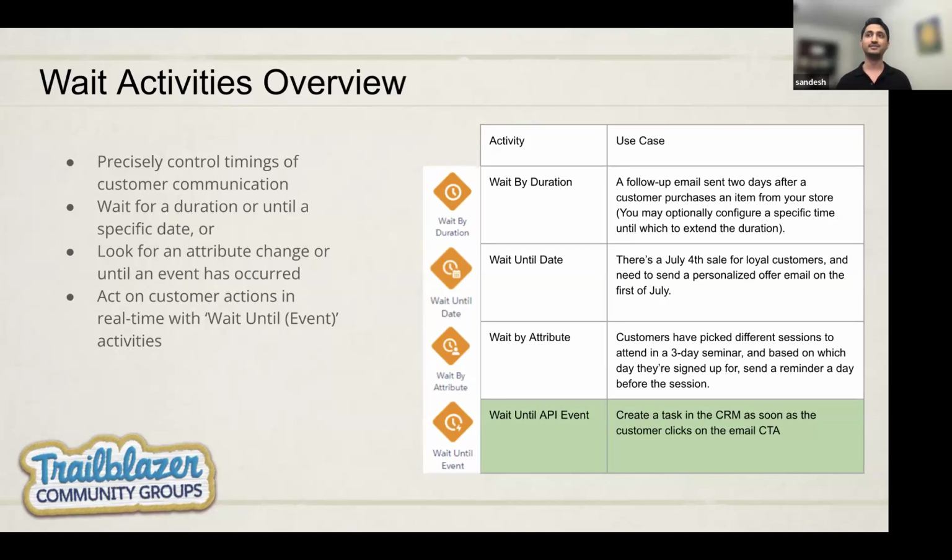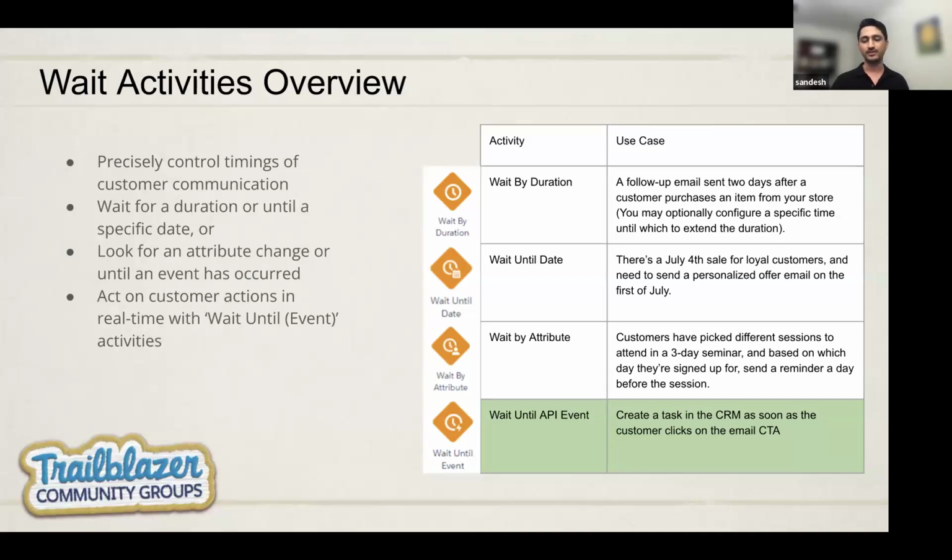But if you have a journey which starts with or has a chat message in the middle, then those events will make sense. However, the idea is exactly the same. The API one is a little more complex because with flexibility comes some responsibility, right? You need to set everything up yourself, whereas activities like wait until chat event are pre-configured to work for chat messages.